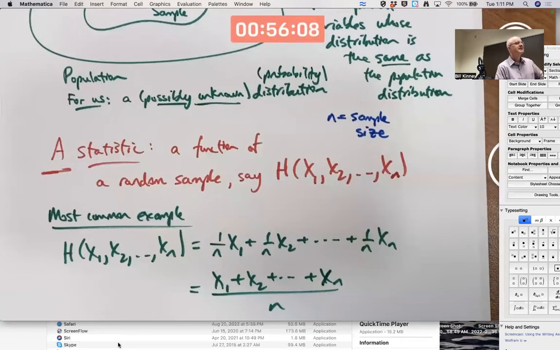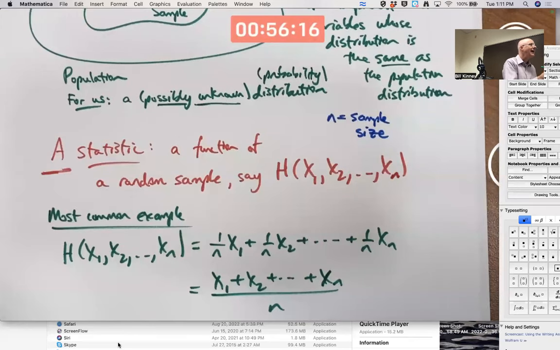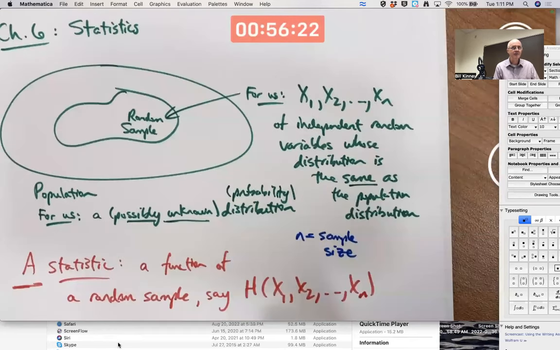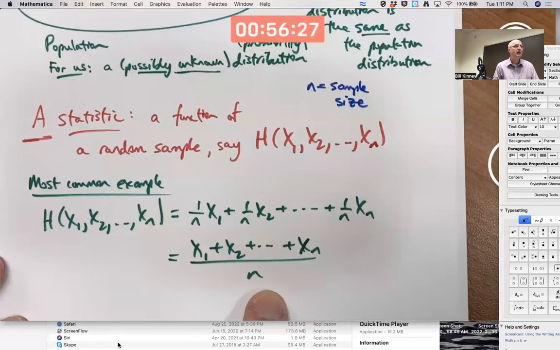Why do we need to think about this in the abstract? Just for kicks? No, because it's important. Why? If x1 through xn are all random variables, then this thing is also going to be a random variable.